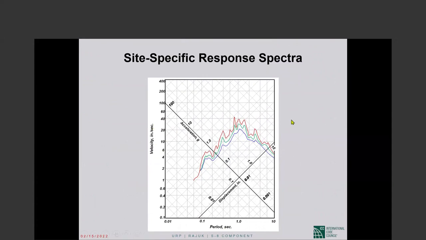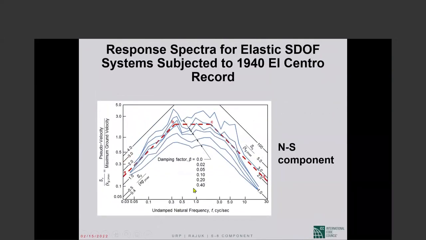Here we have shown the spectra still for the north-south component of 1940 El Centro ground motion. We have seen the spectra for 3 different amounts of damping. I believe it is for 2, 5, and 10% of critical damping. Because period is on the x-axis, this is now the displacement scale, here this was the acceleration scale.